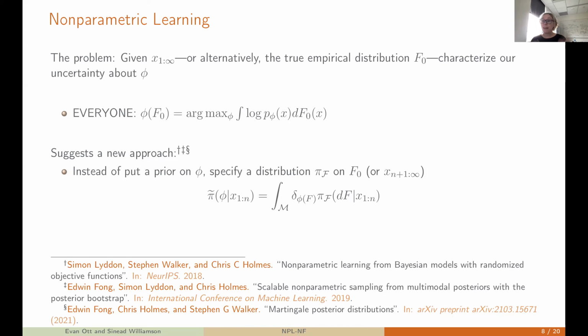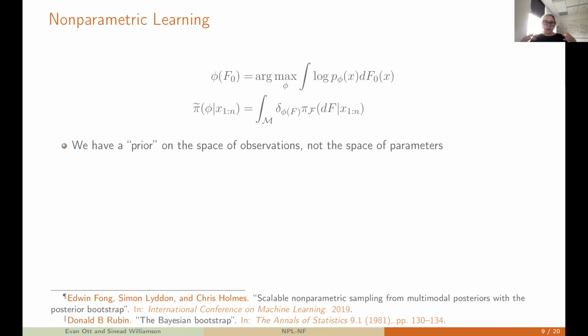So this is a Bayesian-ish approach, but it's kind of starting from a different viewpoint. And this different way of thinking about things is going to solve a lot of our problems when working with normalizing flows.